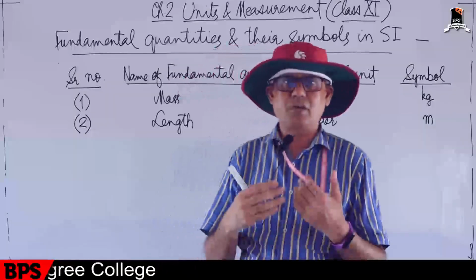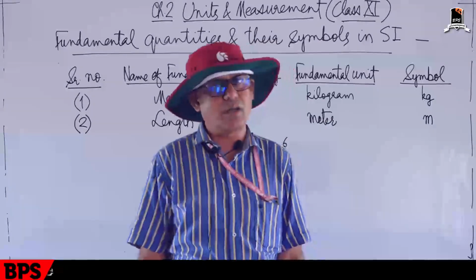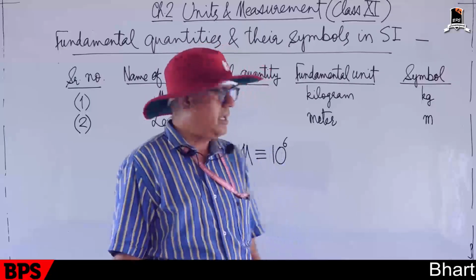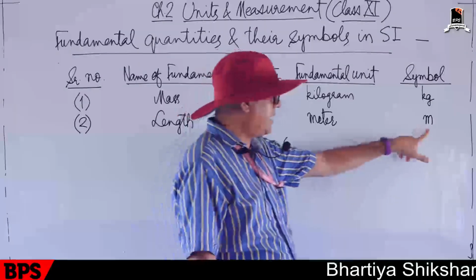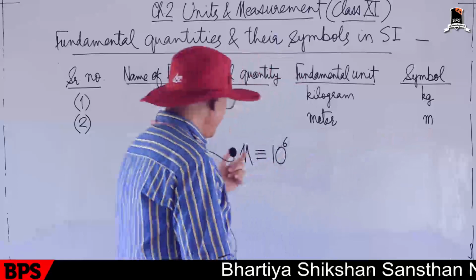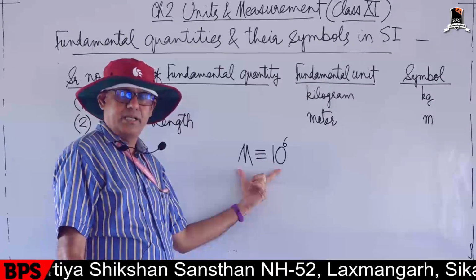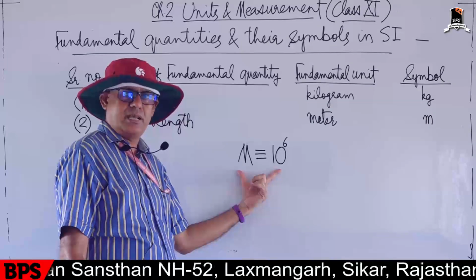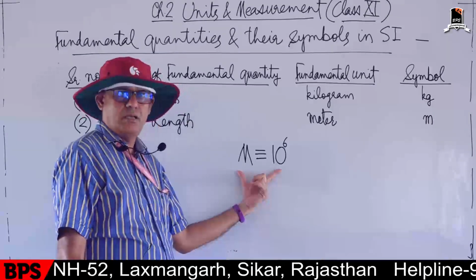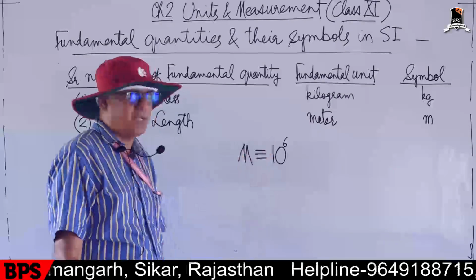Otherwise, it is always written in small case letters. Here, if you write capital M for meter, then it is not meter, but it is indicating 10 lakhs, mega. Mega means 10 raised to power plus 6.